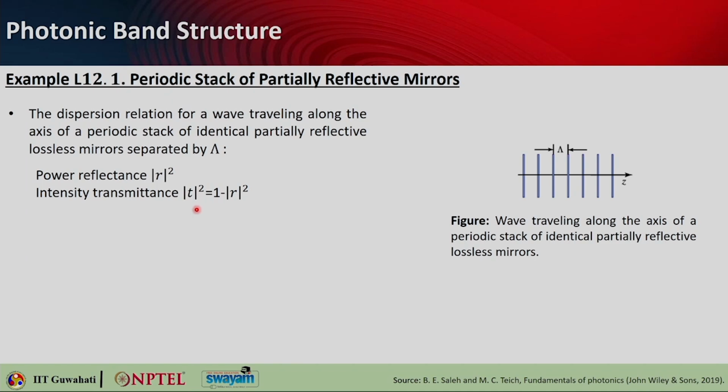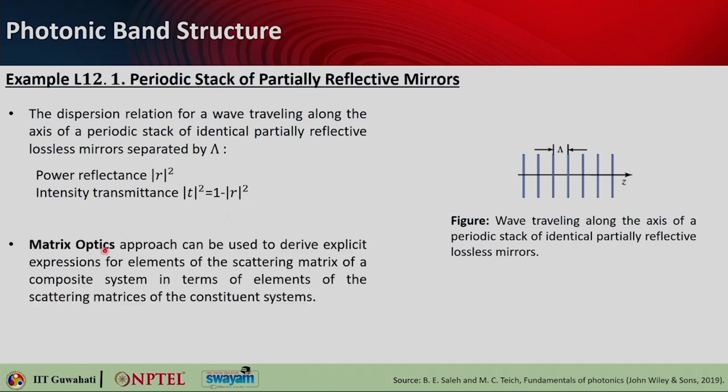So, modulus of t squared, the transmittance, is 1 minus modulus of small r squared.